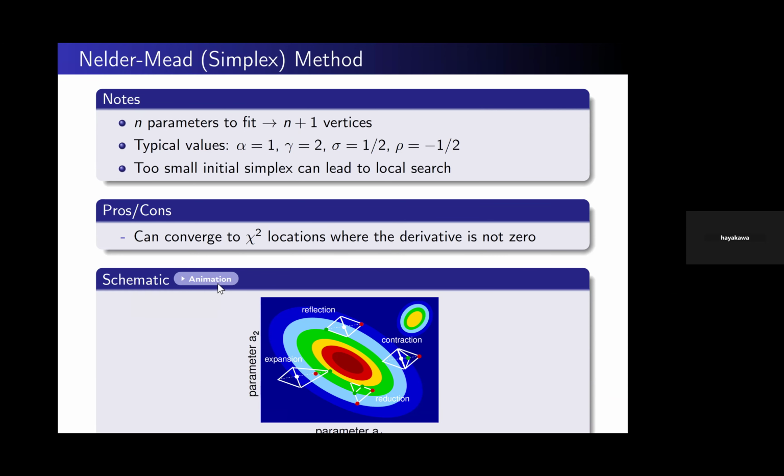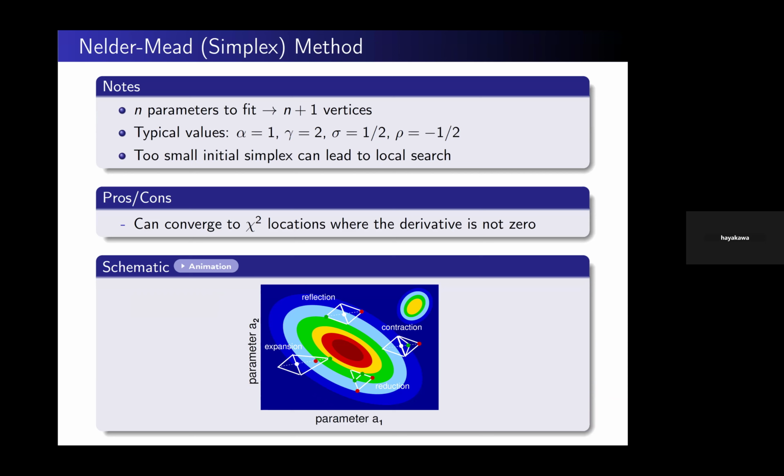Make this full screen. Oops. Let me try this. Okay. So you can see how it's doing these triangles. It's reflecting, it's expanding. There might be a contraction in here one of the times.